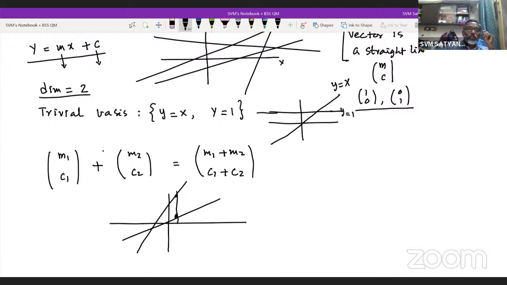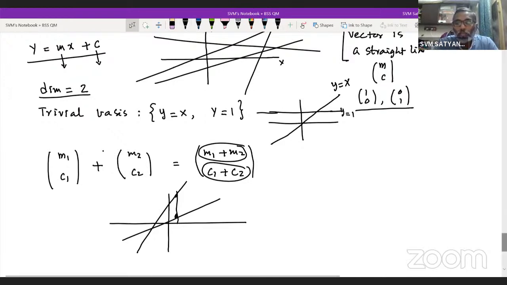You get a new line whose slope will be m1 plus m2 and y-intercept will be c1 plus c2. So geometrically, you add the values of y at every point, and it turns out that the slopes get added and the intercepts get added. That is how we can add these two lines. Is that clear? Yes, sir.